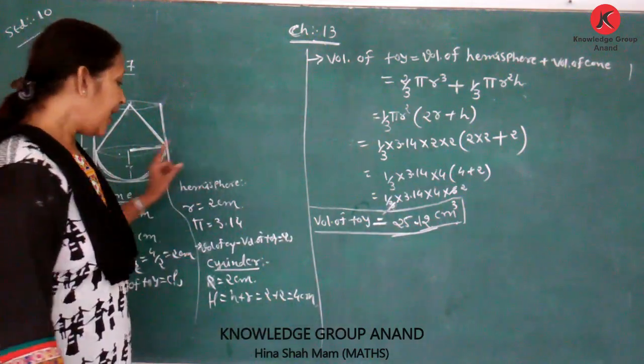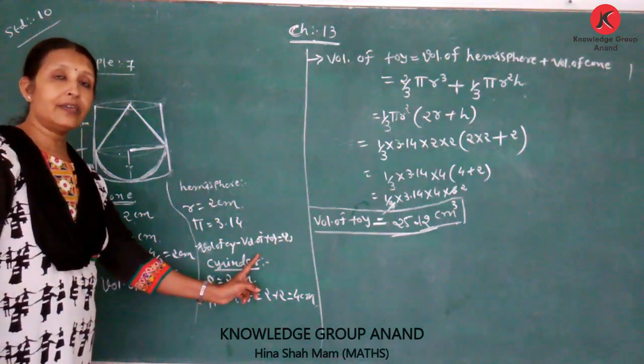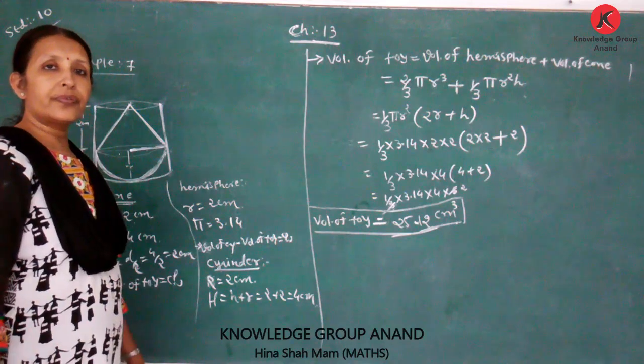Okay. Now the second question: find the difference of the volume of the cylinder minus the volume of the toy.